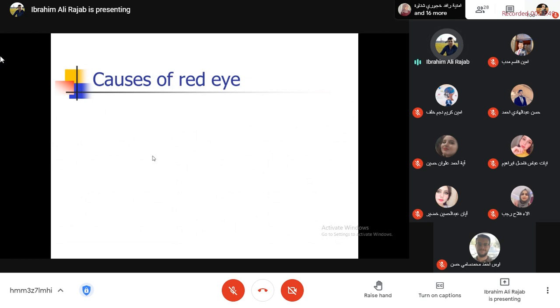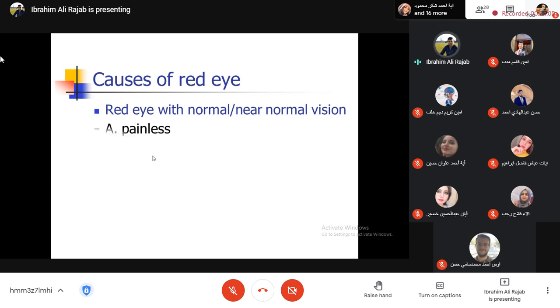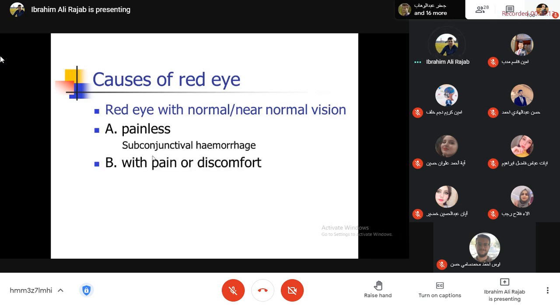So after we take the history from the patient and do the examination, we should keep in our mind the list of differential diagnosis. If the patient with red eye presents with normal visual acuity, no blurred vision, and no ocular pain, we may think that the patient has a subconjunctival hemorrhage.